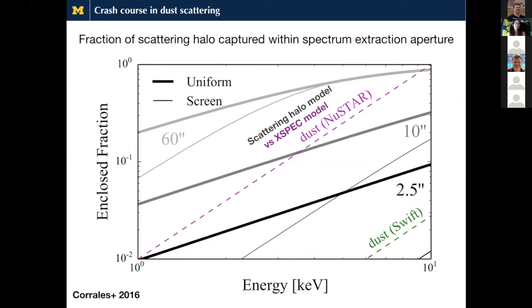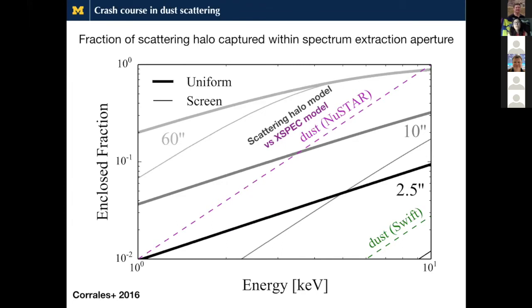So I tried a few different distributions of dust along the line of sight. The thick lines correspond to just uniformly distributed dust, and the less thick solid lines correspond to a single dust cloud, or what I call a screen, which is about halfway between us and the source. So that quantifies how much this enclosed fraction changes.